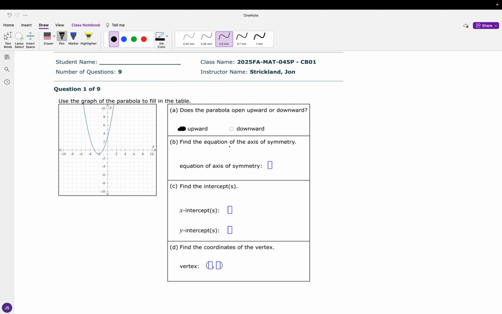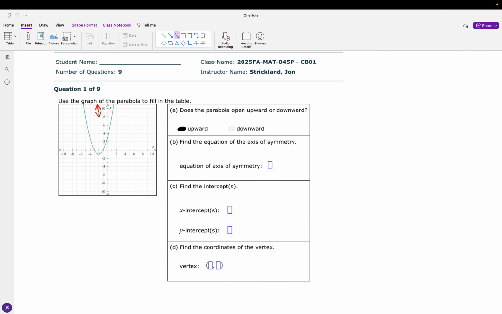Now, in the case of the axis of symmetry, that's going to be the vertical line that divides the graph into two mirroring halves.